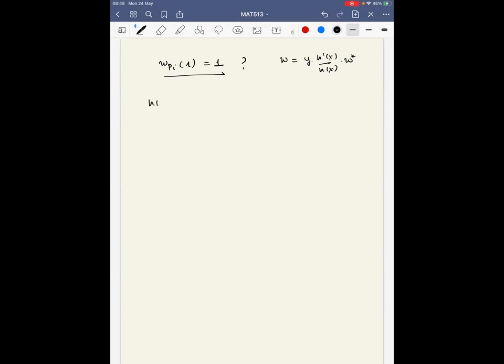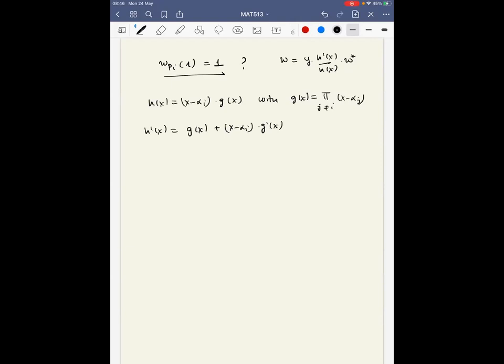And here h of x can be written as this product, and its derivative g of x plus x minus alpha_i times the derivative of g of x.